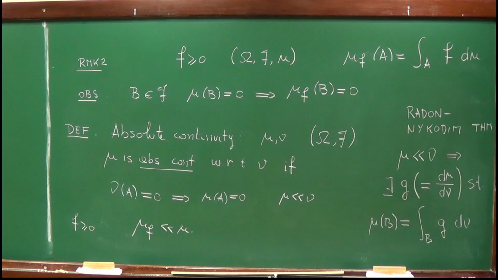Right? So the Radon-Nikodym theorem gives you the existence of this function if you have a measure which is absolutely continuous with respect to another one.